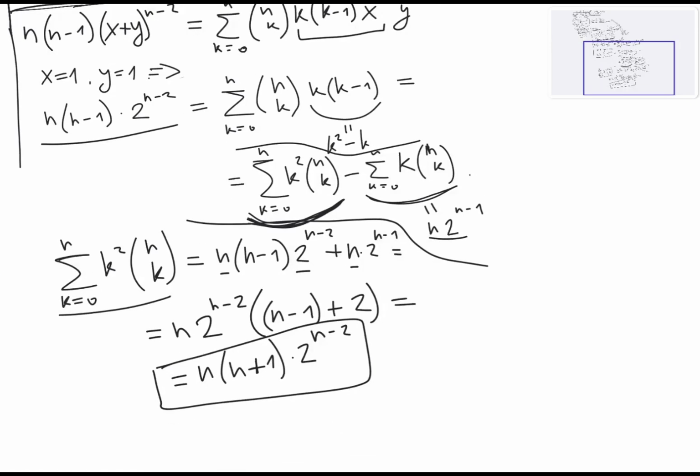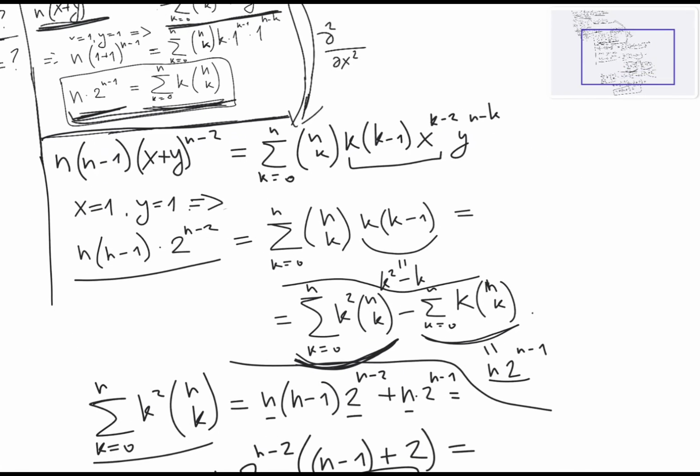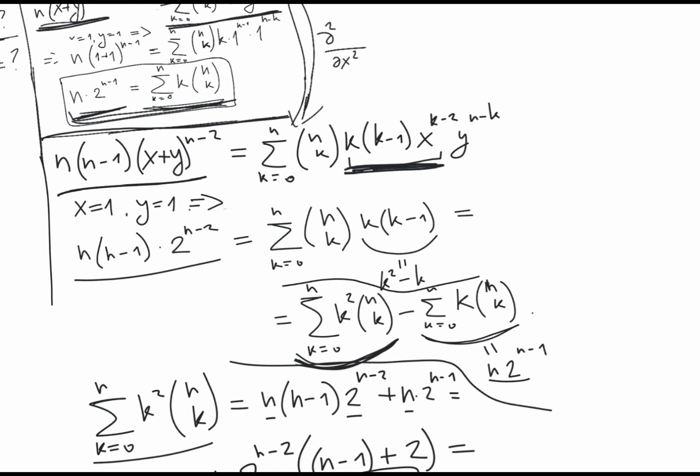It's easy to see that if we differentiate s times, then on the left hand side we would get something like n multiplied by some other factors, x plus y to the power n minus s. And on the right hand side we will get some factors of k.